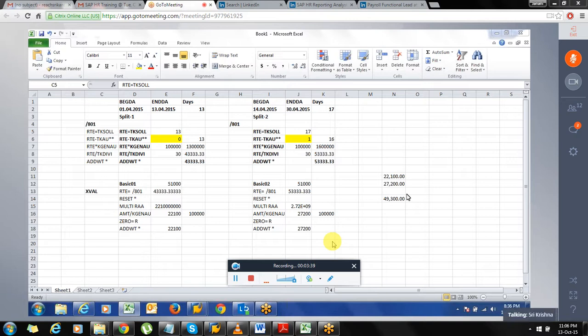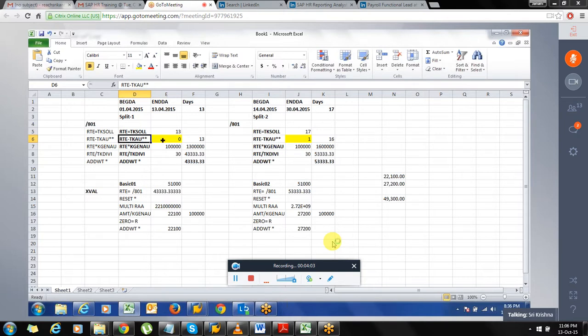Okay. So as I said, TKSOLL is the partial period. For the partial period, let us say we have the first split from 1 to 13, so it will take 13 days. And TKA within the partial period, is there any unpaid absence?